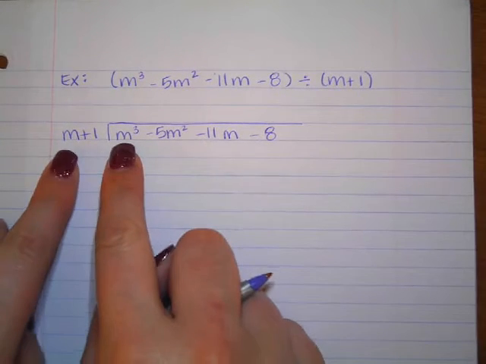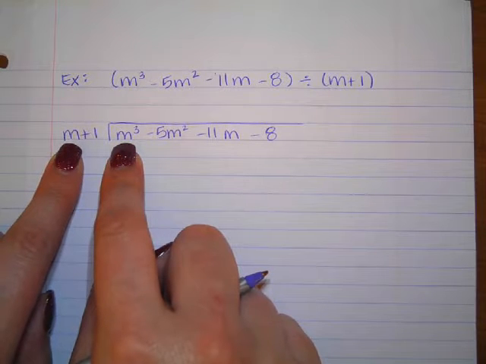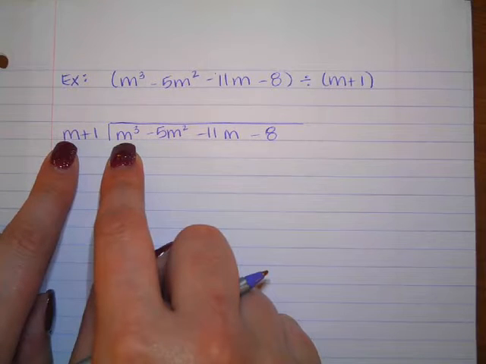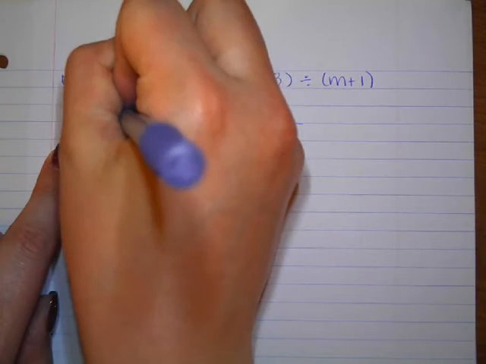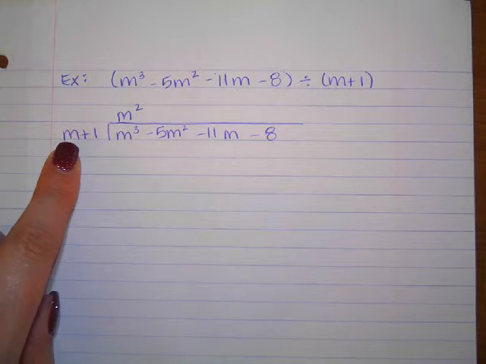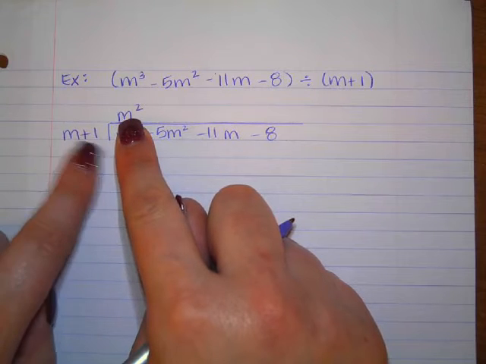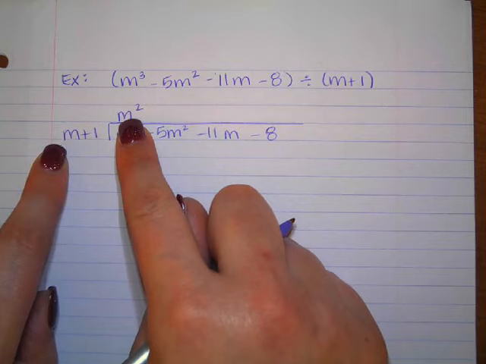And then what's the first question I ask myself? So m multiplied by what is m cubed? Yeah, m squared. Okay, so we put m squared on the top. Then what do we do? Take the stuff on the top and you multiply it by the stuff in the front and then you subtract.